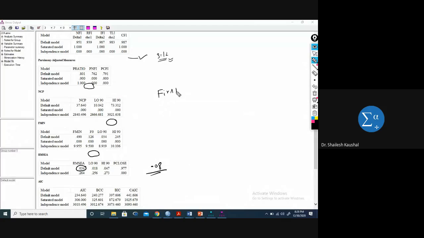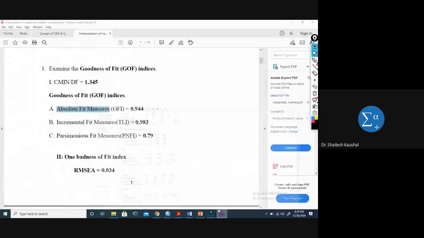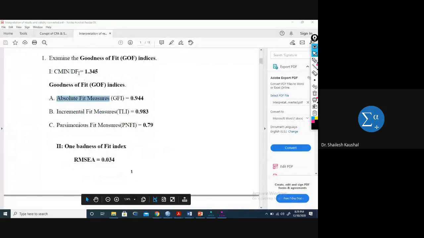In the first approach, the goodness of fit indices show our model is fit. Second, we will test it through convergent and other validity. In the first step we will report these 5 things. So this model is good.